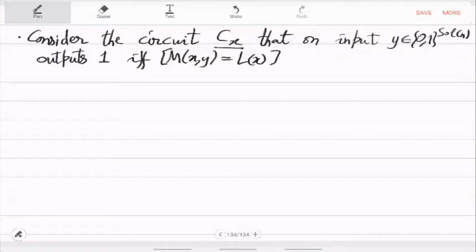So Y are kind of the good random strings.